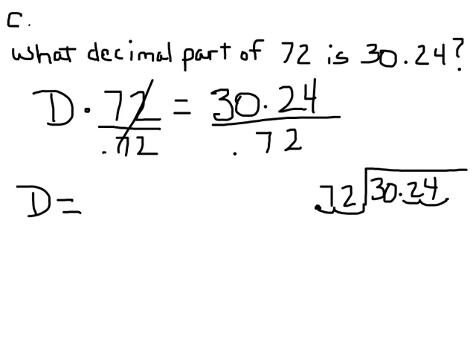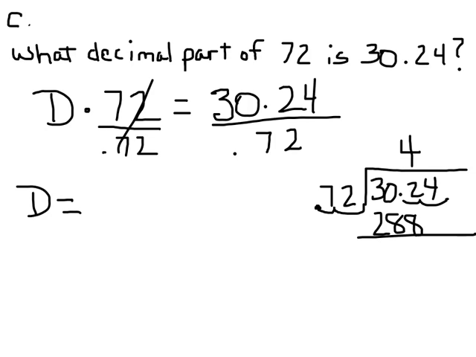Now 72 won't go into 30, but it will go into 302. I'm thinking 4 times 2 is 8. 4 times 7 is 28.